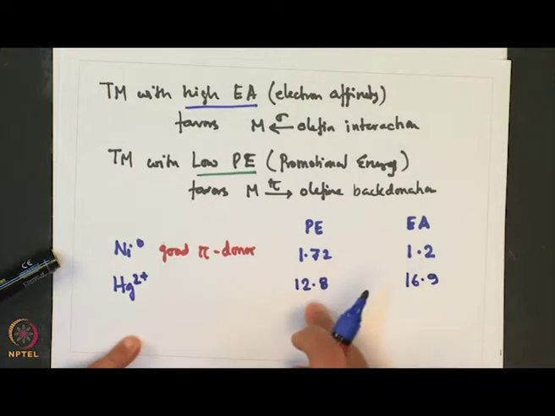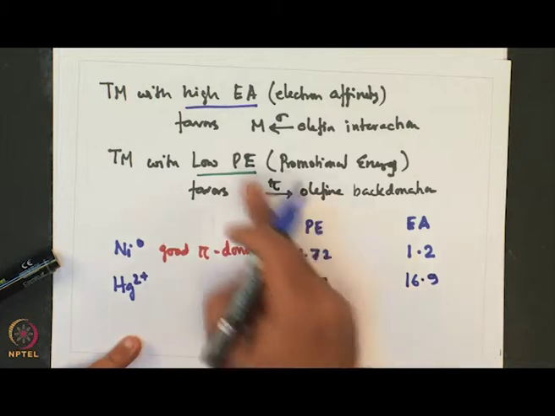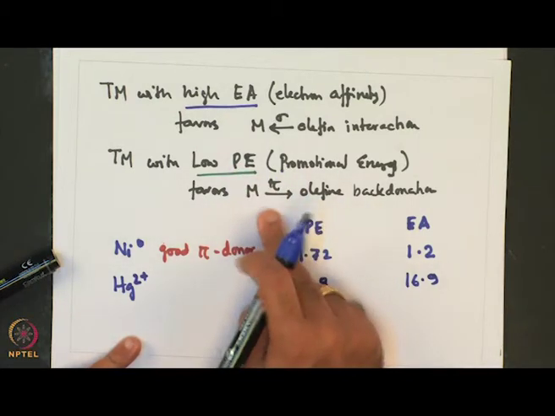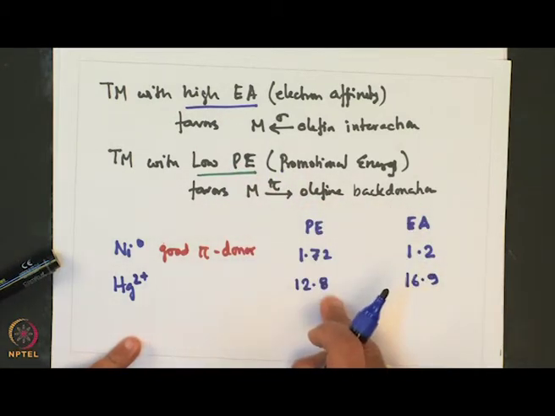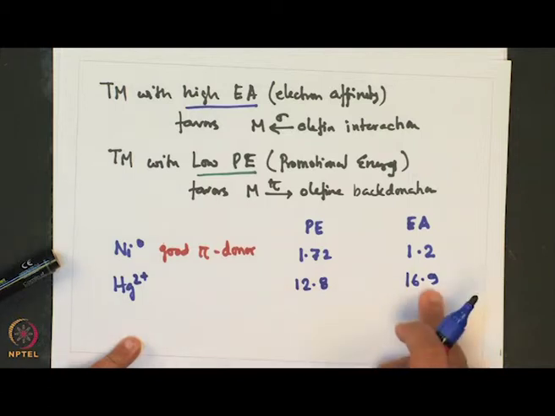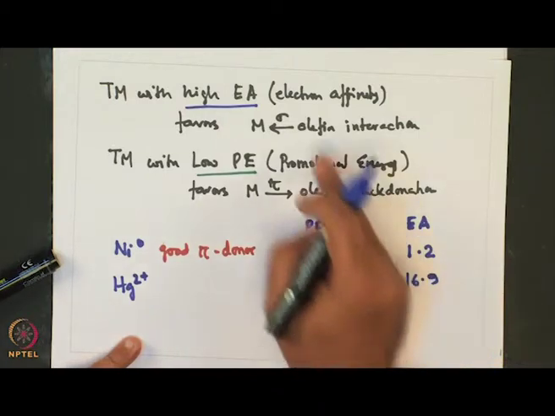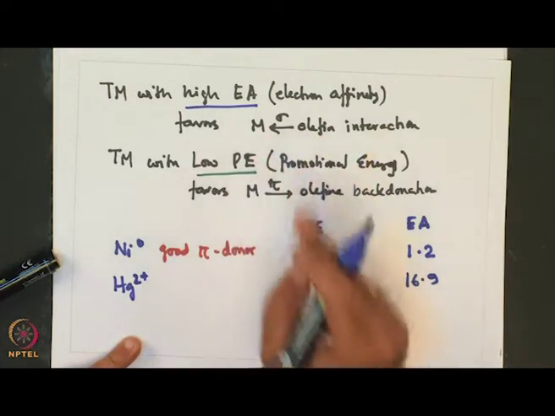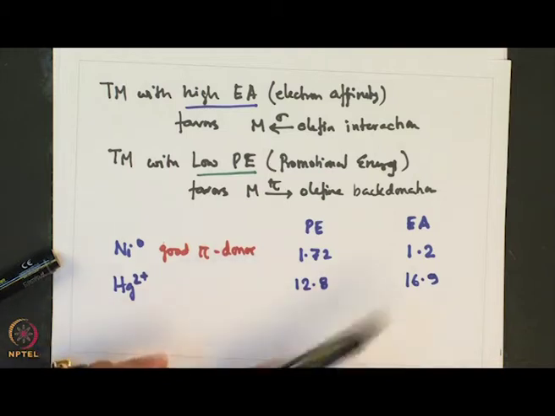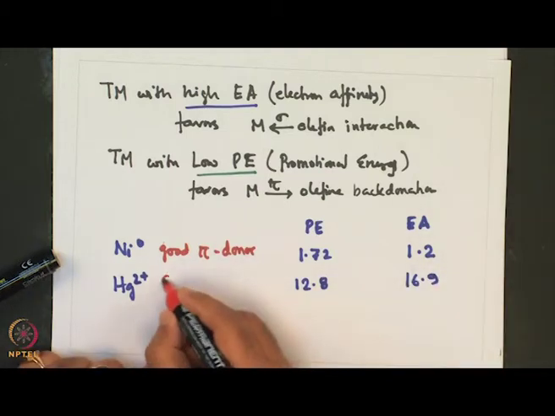So, what we have is very high promotional energy. That means that back donation is very minimal for mercury, whereas it has very high electron affinity. So, that means that it will be favoring olefin to metal sigma donation, and hence mercury is a good sigma acceptor.